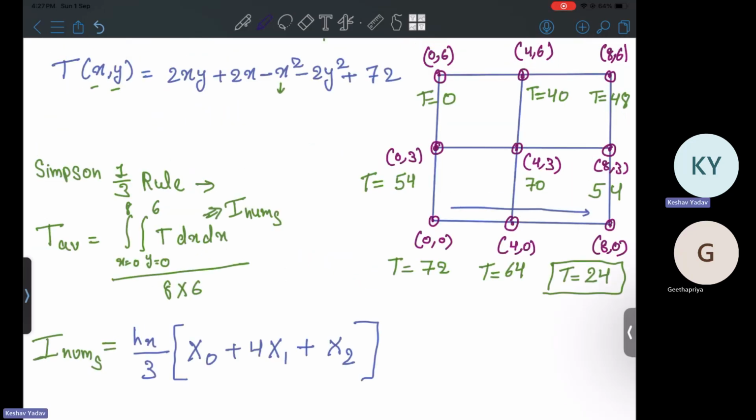This X0 is the integration of this. This X1 is the integration around this. This X2 is the integration along this.